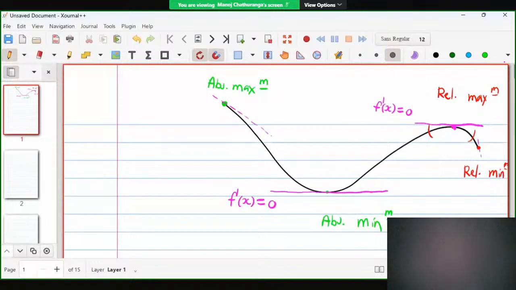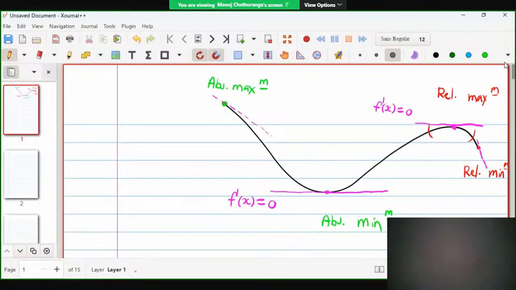Again, over here, we have the same problem. So at some of these maximum or minimum points, we have horizontal tangent lines, and at some points we don't.